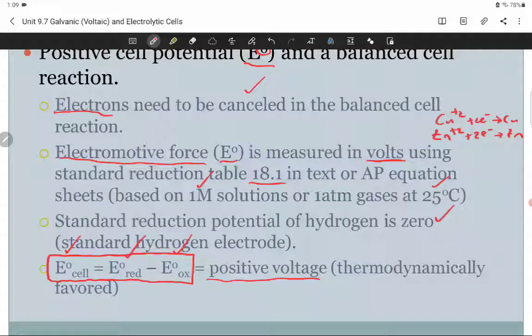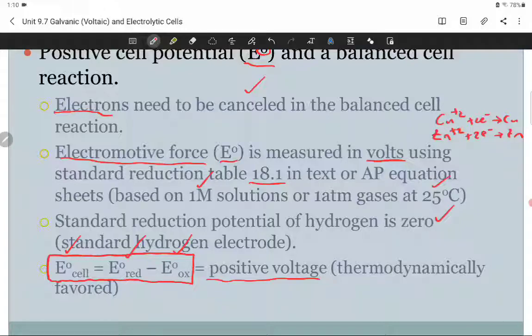If you get a negative answer, it will not be thermodynamically favored. Thermodynamically favored would be kind of like using the battery that's in your cell phone to power all the things on your cell phone. And then if you want it to go the opposite direction, that's not thermodynamically favored, and that's where you plug in your cell phone battery.